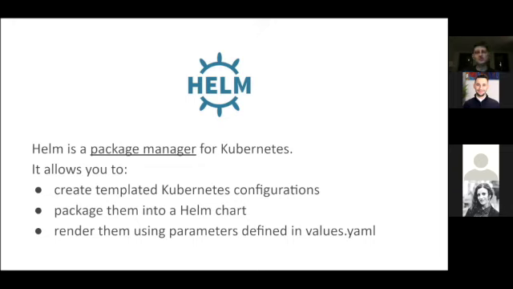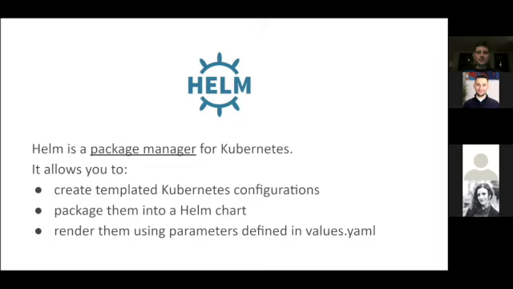Helm is super simple because to implement a Helm chart, you don't need to know anything more than just standard Kubernetes configurations. So basically, Helm is a templated Kubernetes configuration that is filled during Helm install.